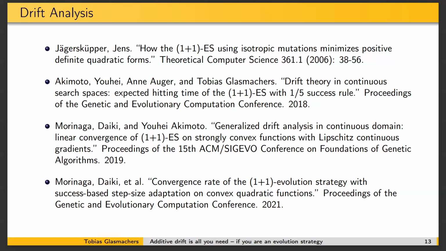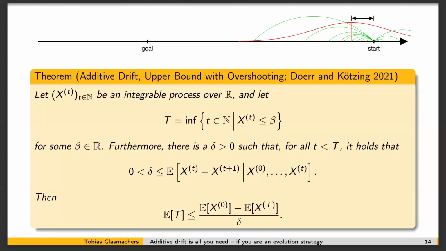They do a very fine-grained analysis, taking not only the conditioning number but the full spectrum of the Hessian into account, and showing the dependency of the runtime on it. All of that is without covariance matrix adaptation; we currently don't have any drift analysis that takes that into account.